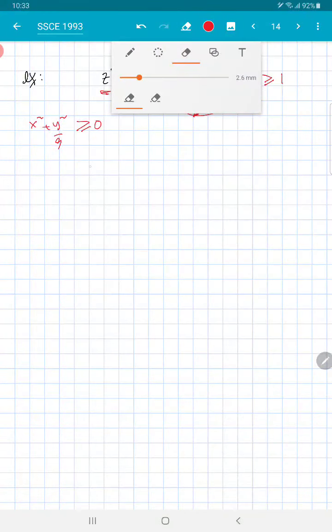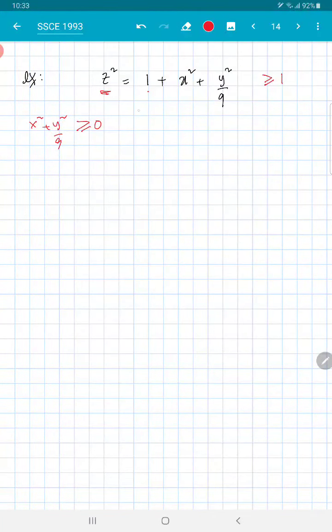Okay, so now let's look at z again. Since z squared is at least 1, z must be larger than or equal to 1, because when you take a value larger than 1 and square it, obviously it will be larger than 1.